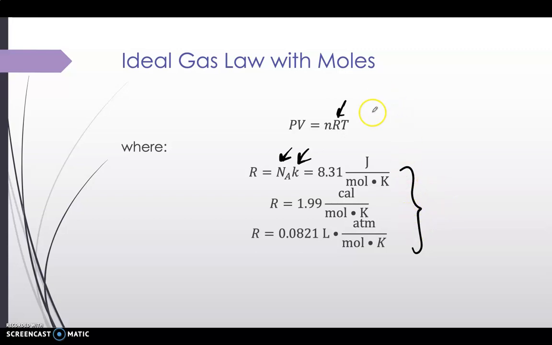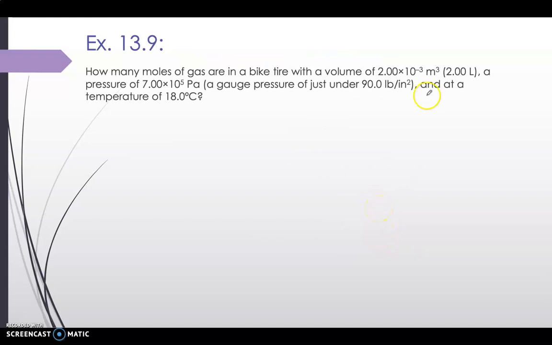A lot of times we'll use this first one since it's given in joules per mole kelvin. Joules is energy, right? So typically we will use this one, but it may come up that we need to use one of these other two. We can look at an example of this.